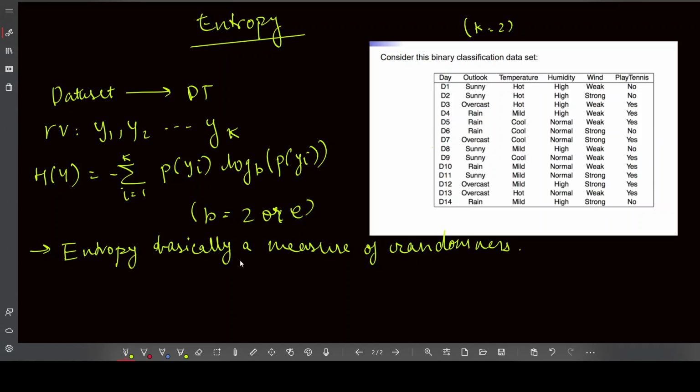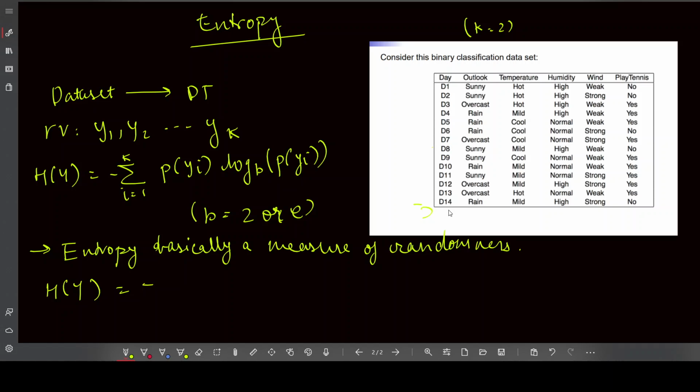So now if you look at this data set and you want to calculate the entropy, I have H(y) as, if I take that formula, negative p of yi, where yi is equal to yes. I'll consider the probability of y equal to yes, which is the number of yes over here.